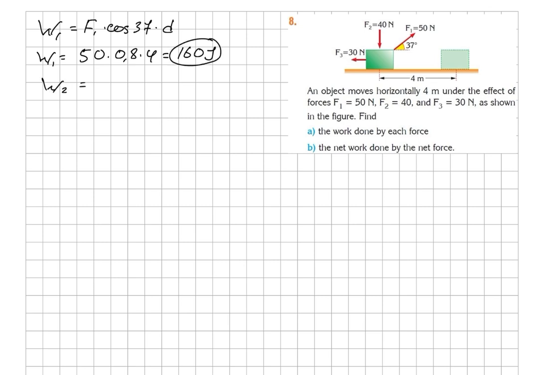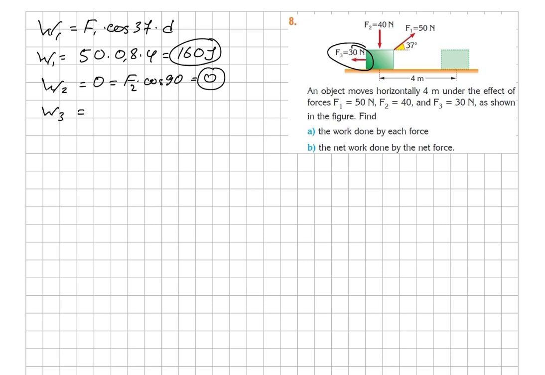So work 2. Here work 2 is perpendicular, that means it doesn't affect the motion. We can just say it's 0, or we can use the equation F2 times cosine of 90. Since cosine 90 is 0, the work will again be 0. Work 3: the third force is in a negative direction to the displacement, so the work done by it will have a negative sign.